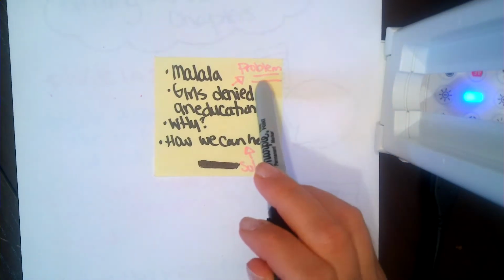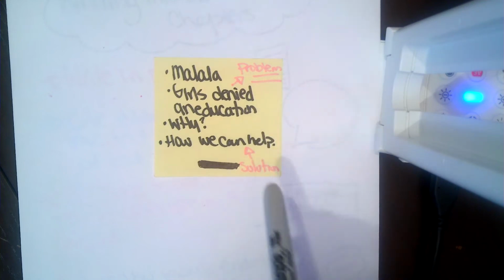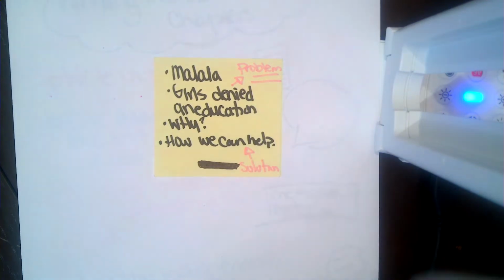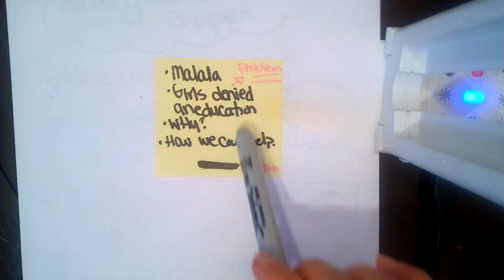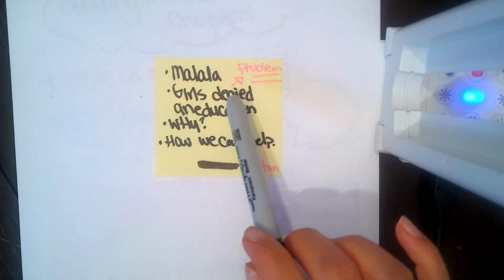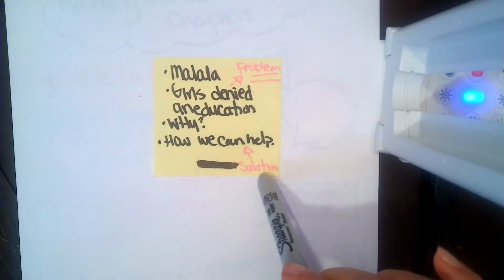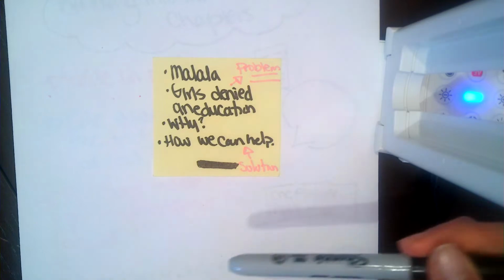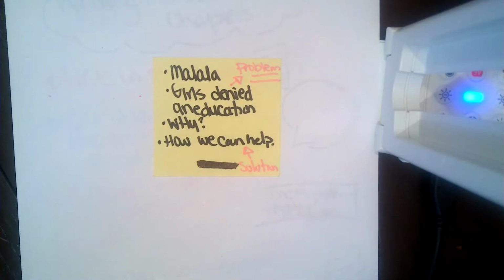That's a big problem. How can we help? That's a solution. Very similar to plastic pollution, which I'm noticing is what a lot of you guys are doing. You guys are doing like how pollution is affecting our environment. So that's a problem. How we can help stop this problem. So a lot of you guys who are doing plastic pollution are kind of gearing towards a problem solution.